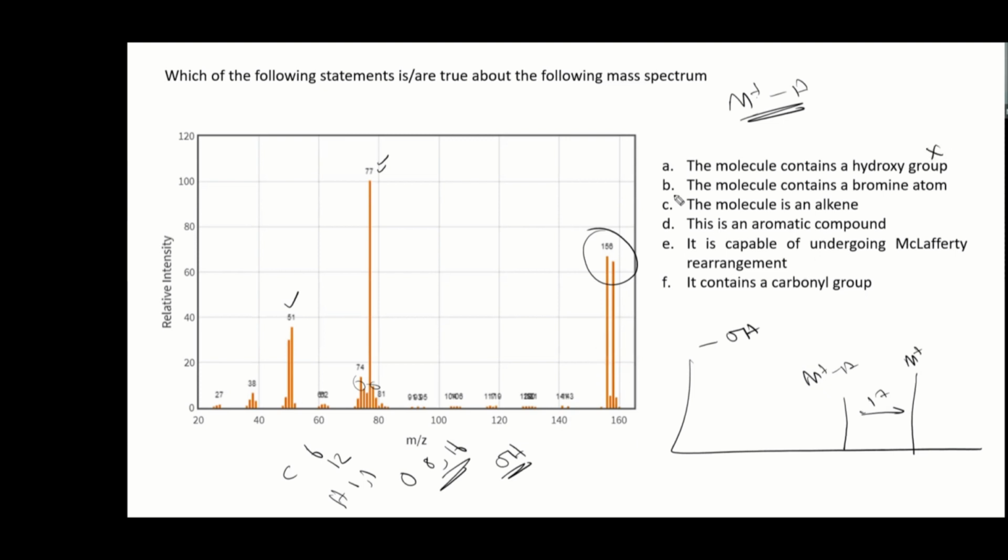All right, the molecule contains a bromine atom. This is true based on this mass spec because bromine has two isotopes in nature, Br79 and Br81. All atoms have isotopes, so why am I talking about bromine specifically?